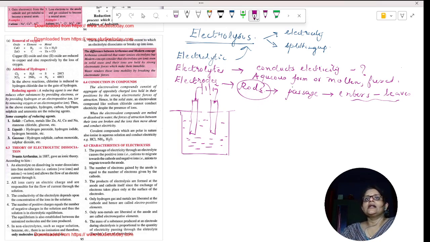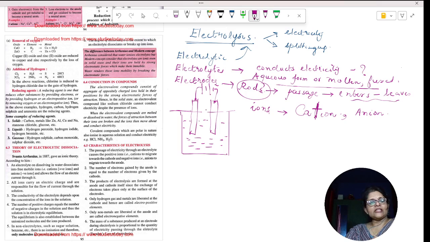Okay, so electrolytes are substances which conduct electricity when they are in the aqueous form or in the molten form, because in the aqueous form there are ions present. Positive ions are called cations, I used to put a plus sign over here, and negative ions are called anions.